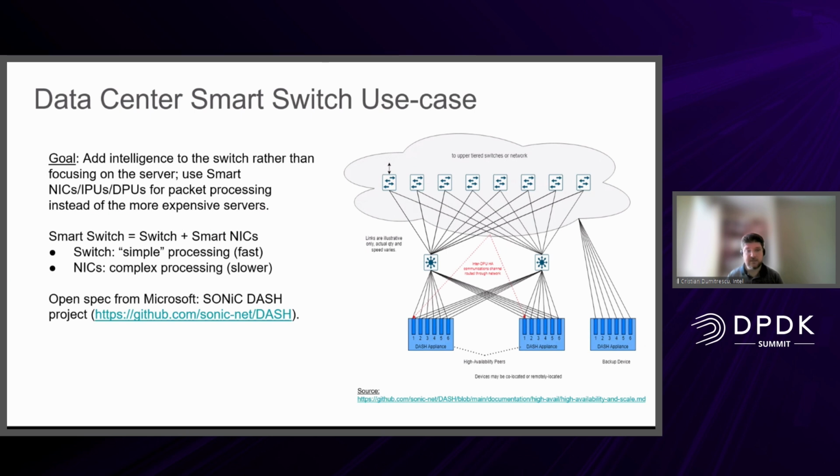And that essentially allows for some of these pipelines to be created, provides APIs, and provides the specifications for the pipelines that need to be there on the smart NICs together with the switch in order to make the switch smarter.